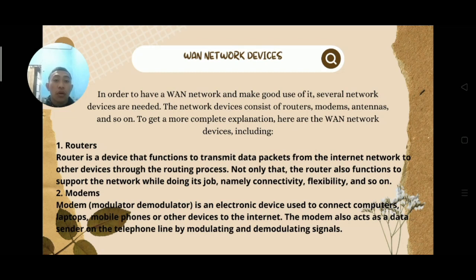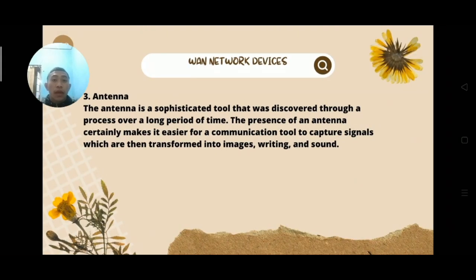And the second one, in here we have modems. Modem or modulator demodulator is an electronic device used to connect computers, laptops, or mobile phones or other devices to the internet. The modem also acts as a data sender on the telephone line by modulating and demodulating signals.